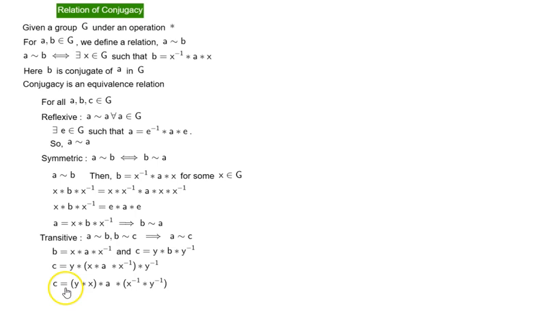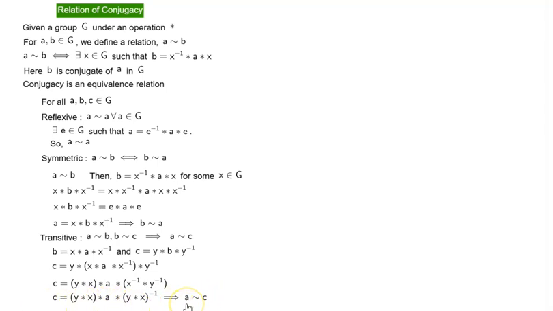So we have now, by regrouping them, remember we are talking of groups, which means associativity applies. So we can write it as C is equal to Y times X times A times (Y times X) inverse, which implies, what does this imply?